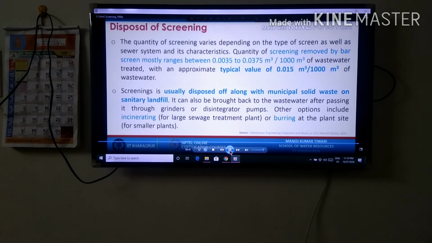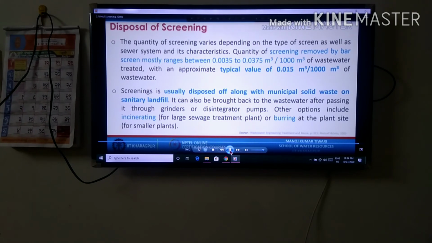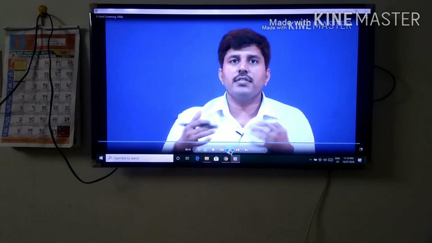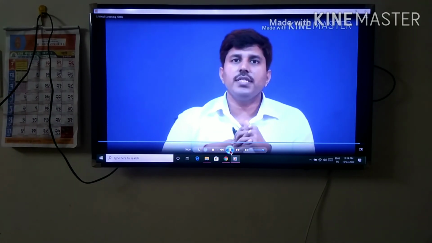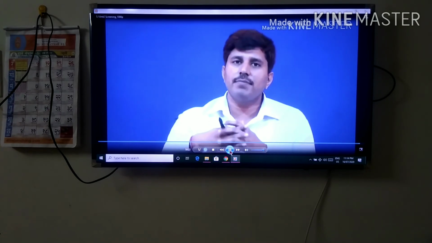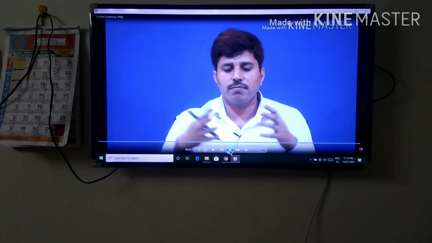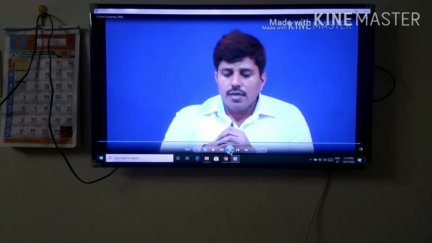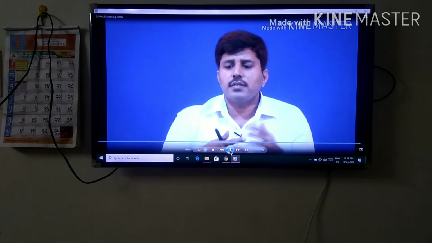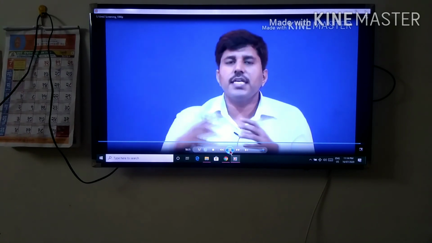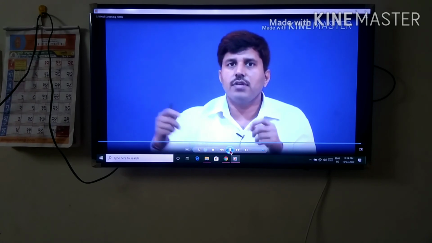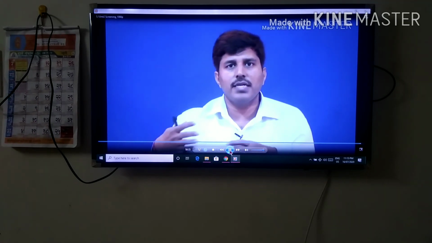The other options include incineration. If we have a large treatment plant generating too much of this bulk solid screenings, it could be incinerated, although there are environmental effects of that process, so it's not recommended. For smaller treatment plants, in many places it is buried at the plant site itself, down in the ground.